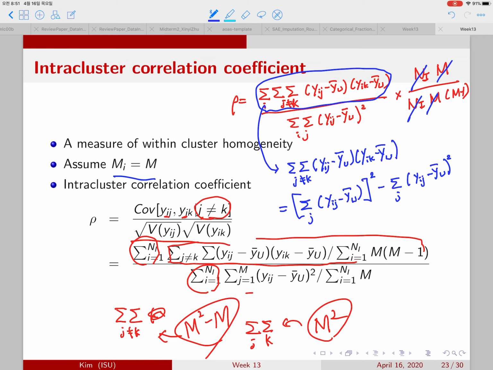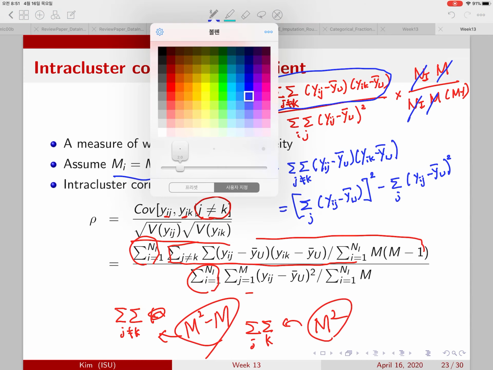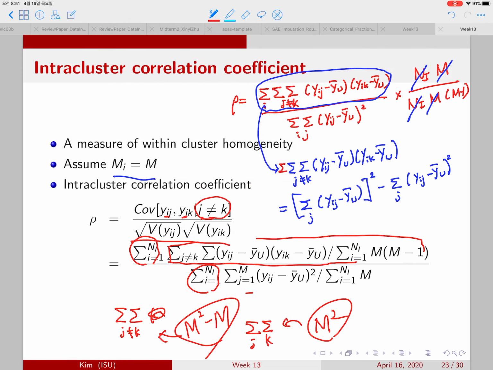Once you do that, you apply the summation over i. You can view this as a summation over i, and inside, that's basically m times (y bar_i minus y bar_u) squared.